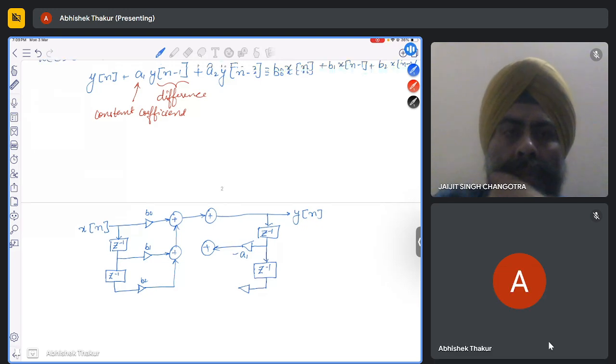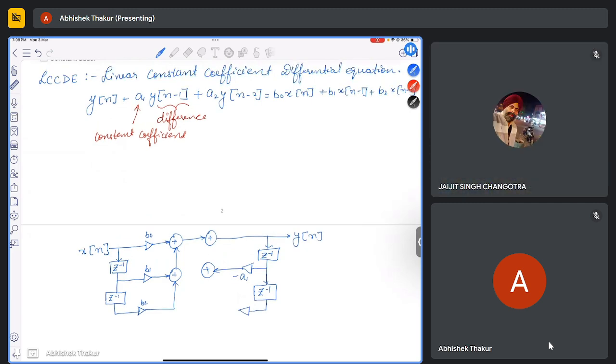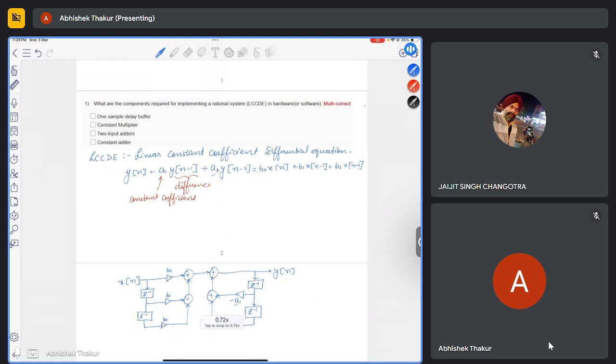So we are representing this system, that is a linear constant coefficient difference equation. The first difference term, y of n minus 1, has coefficient a1, so we have kept here minus a1. And y of n minus 2 has coefficient a2, so here we will keep minus a2. The negative sign is there just because when we take it on the same side, it becomes negative. So this is the representation of the above system.